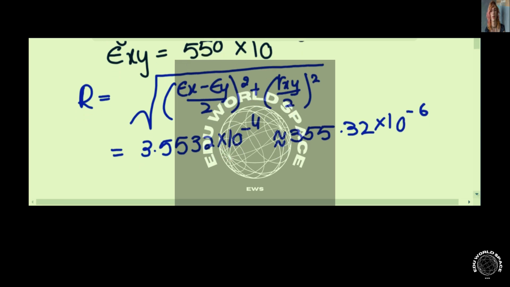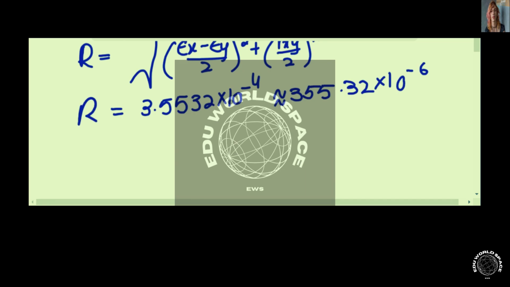Right, now that we have the radius, we finally need to find out the origin of the axis, and for that we are going to use the equation that is 10.13, right?